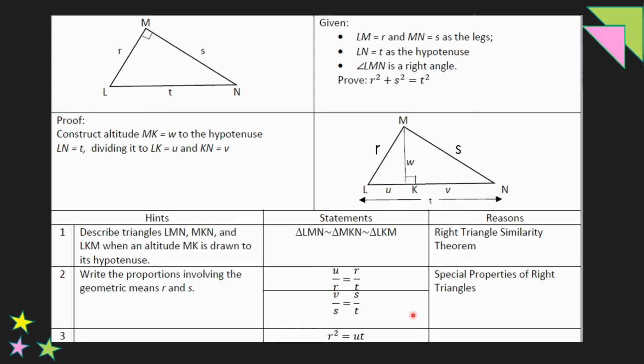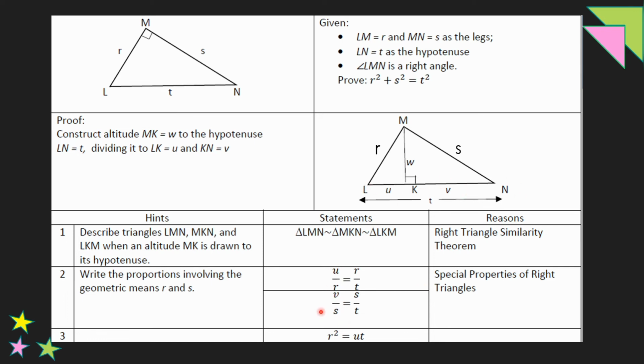Another proportion written is V over S. V is here, the longer leg of triangle MKN, and S is the hypotenuse. V over S equals S over T. S, in the other way, is the longer leg of the original triangle LMN, and T is its hypotenuse.